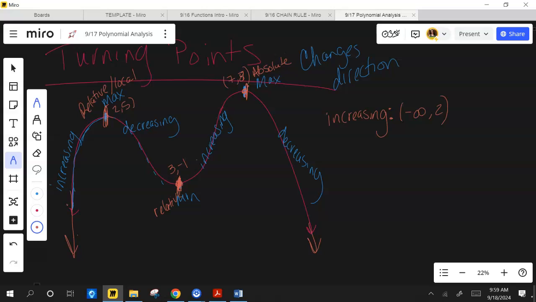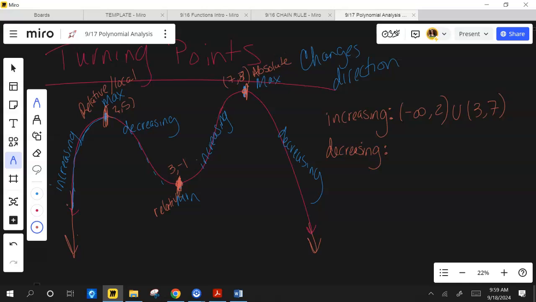So I would do a U, and I would go from 3 to 7. Because at that point, it's neither increasing nor decreasing. It's turning right there. Well, the positive infinity is going to be part of my decreasing interval. So it's decreasing, what are the intervals on which it's decreasing?